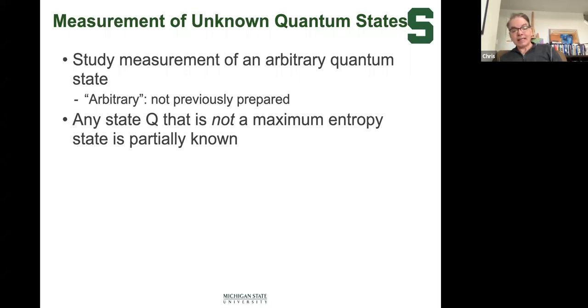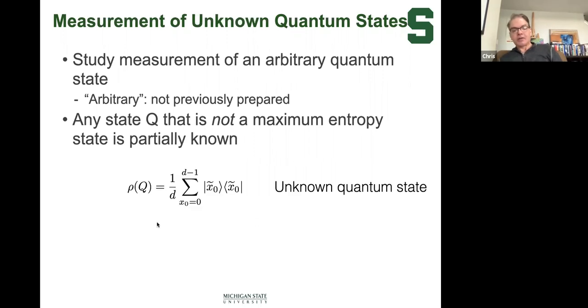Now, any quantum state that is not a maximum entropy state is actually partially known. And a maximum entropy state is one where each of the states, in a sense, are equally likely. Okay. So, for example, what a completely unknown quantum state looks like is this, where all the amplitudes are 1 over square root of d, or in the density matrix have amplitude 1 over d, where d is the number of states.